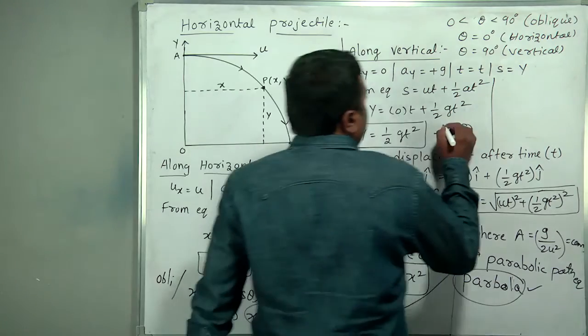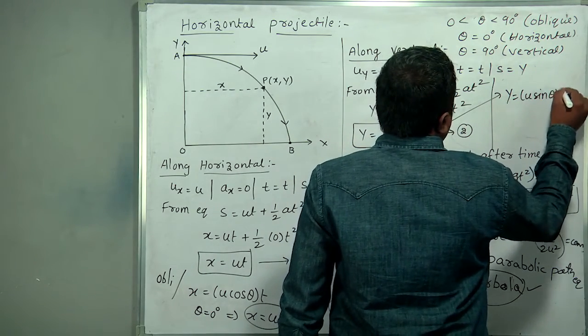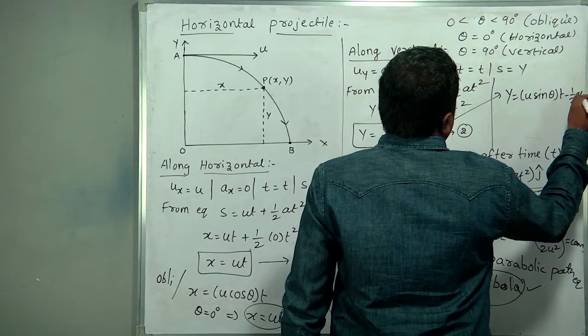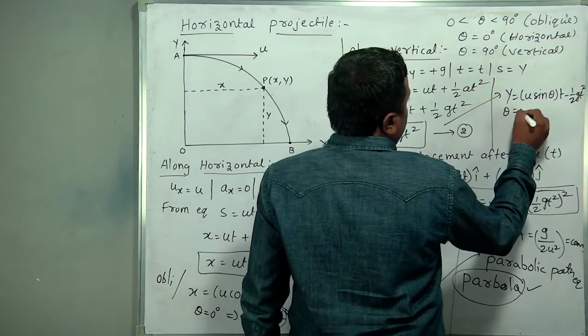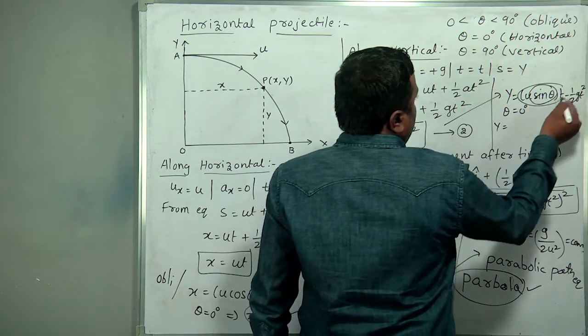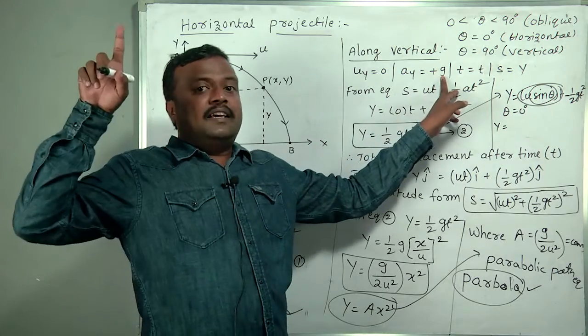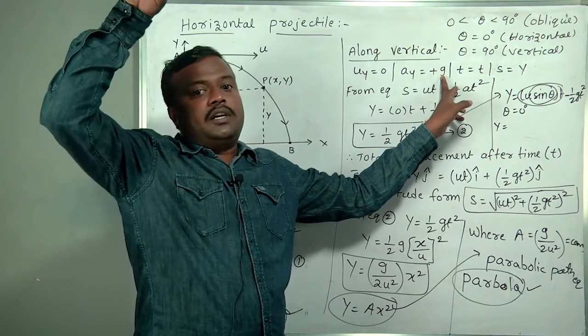This one also, for oblique, y equal to u sin theta into t minus half g t square actually. Here also substitute theta equal to 0, y equal to sin 0, 0, total term 0. Here minus g we had taken, a is taken as minus g there because it was projected vertically upward.